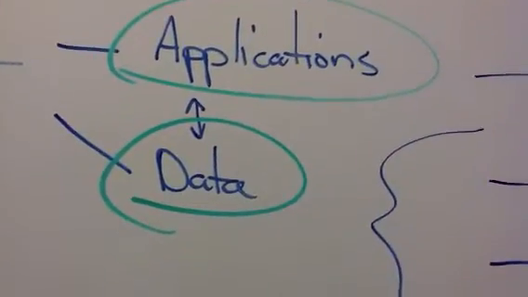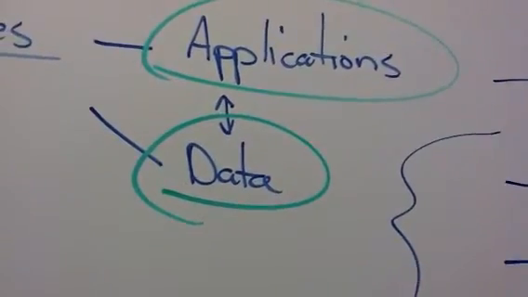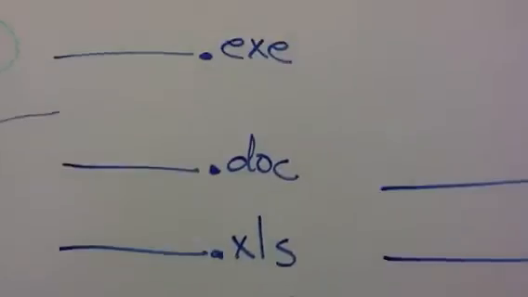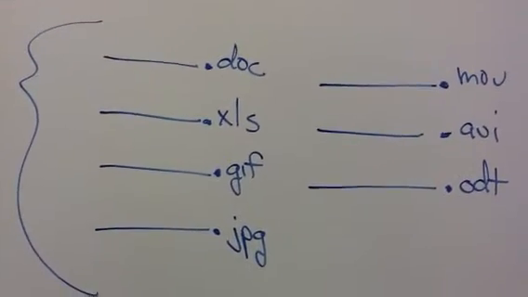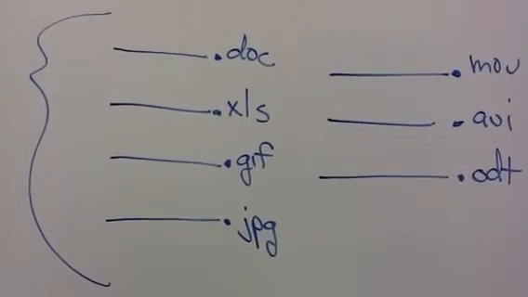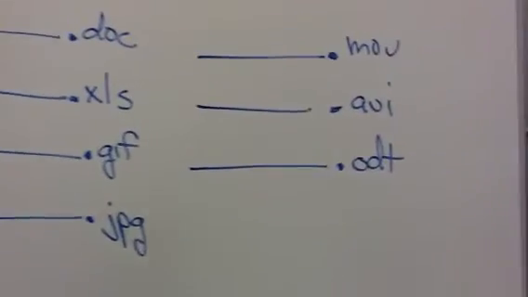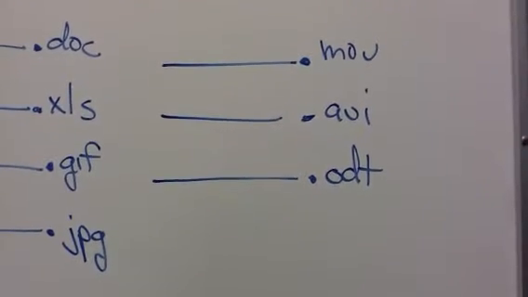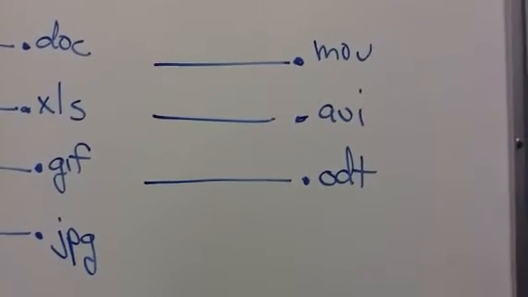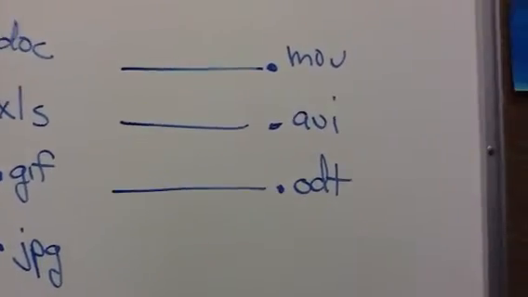Data files, applications can create data files, and data files can be manipulated by applications. And then we listed a whole bunch of them over here, like DOC, Microsoft Word, XLS, spreadsheet, GIF, image file, JPEG, an image file. We got MOV and AVI, those are both video. ODT, that's Open Office, that's a file from Open Office, just as an example.